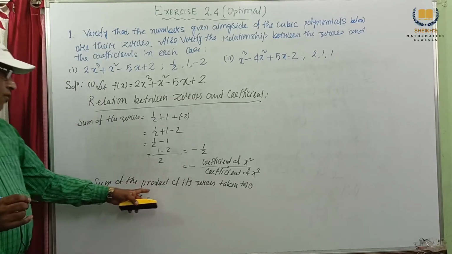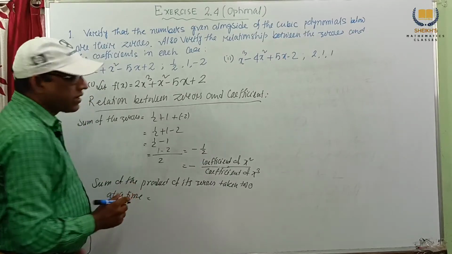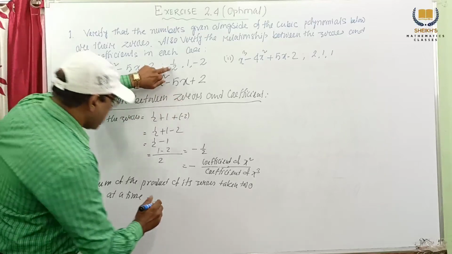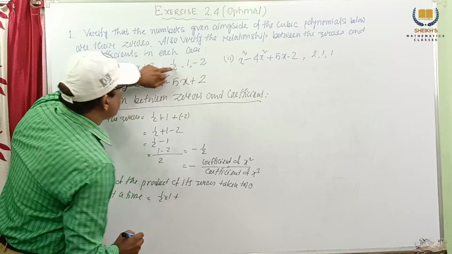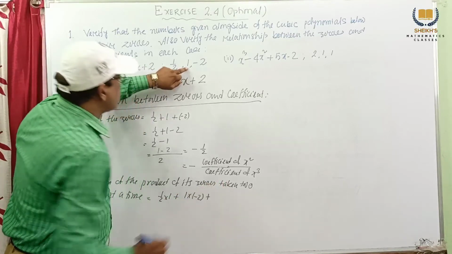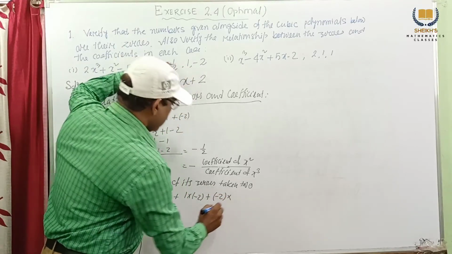That means we write our zeros as 1 by 2 into 1, plus 1 into minus 2, plus minus 2 into this half.